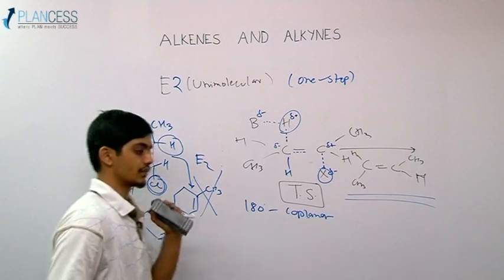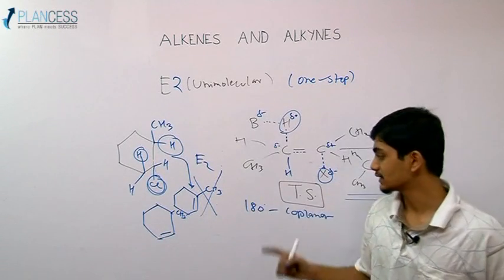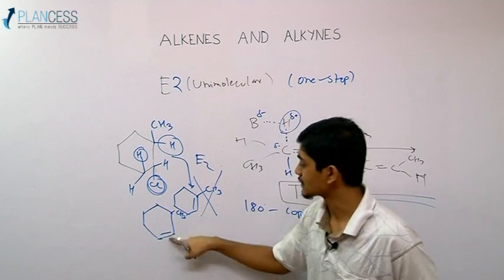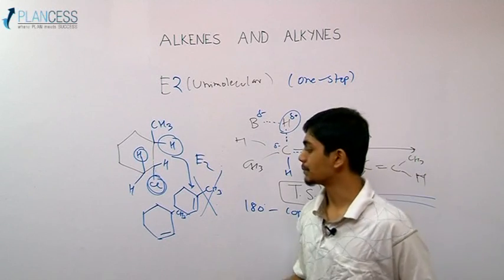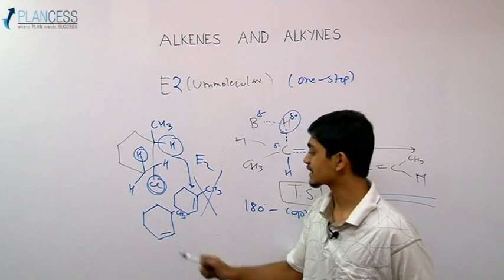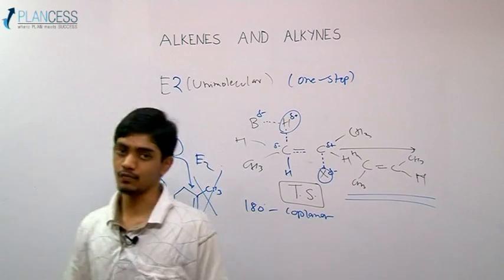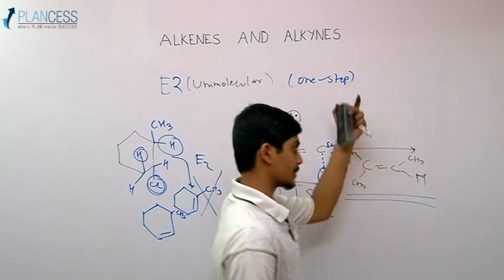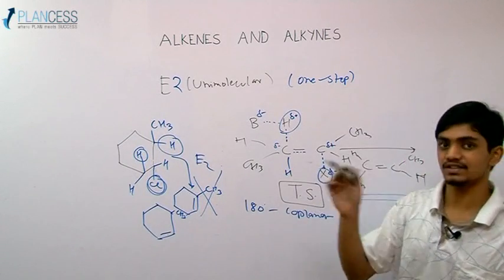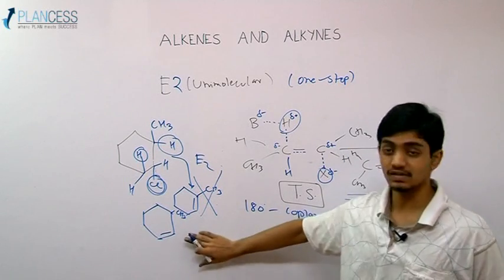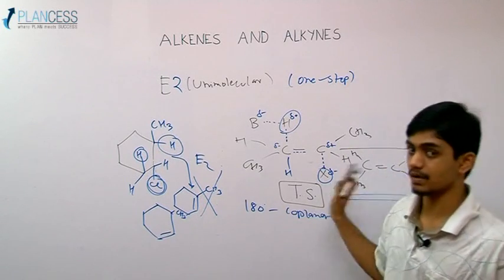Although this is a very stable alkene, this is a more substituted alkene and this is not as stable as compared to this, still we do not get this alkene but we get this. This is sometimes also called a Hofmann product, comparing the logic from the previous Saytzeff and Hofmann, but remember this is the E2 mechanism, that was the E1 mechanism.